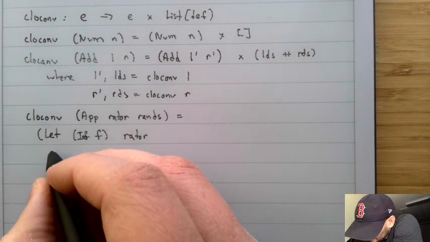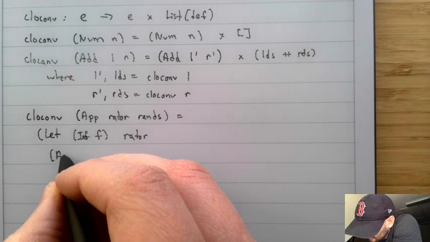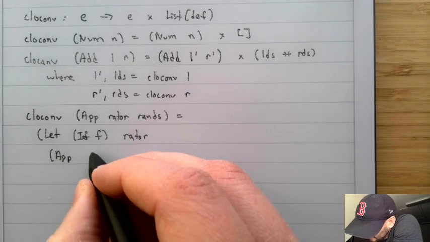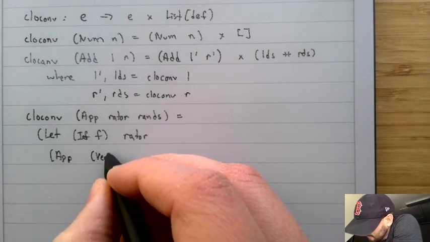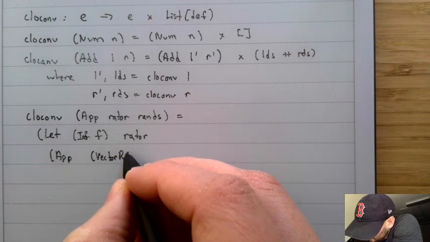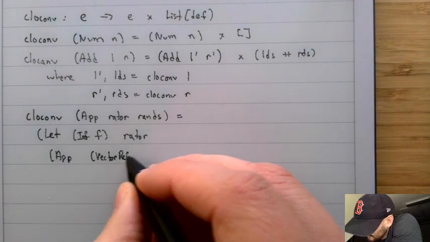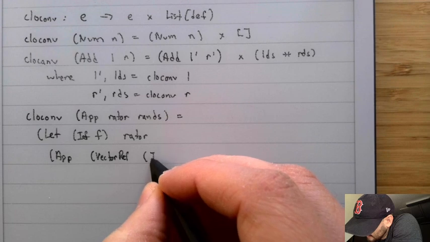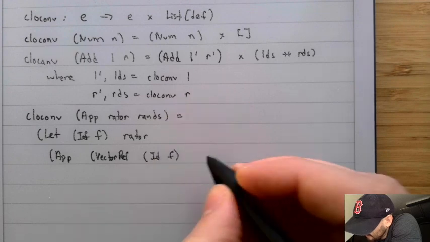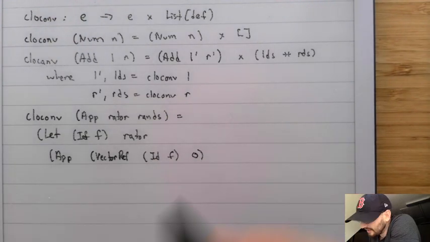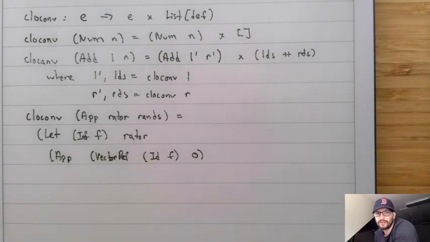The body says we're going to apply the vector ref of the expression, which is the identifier f, and 0. That's going to pull off the pointer to the code.